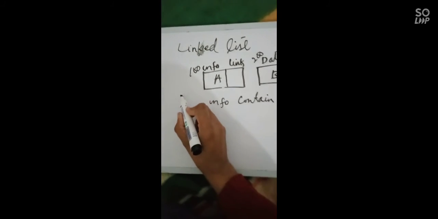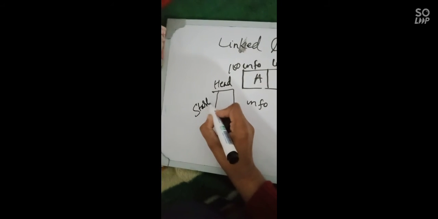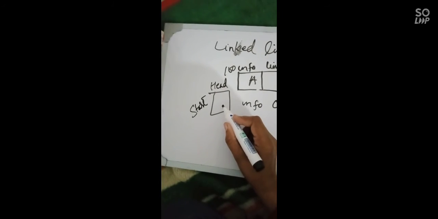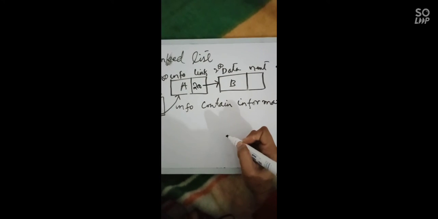So here there will be a pointer known as head or start, and this will contain the address of the first node, like this 100, so it is pointing to the first node. Okay, the first node's link will contain the address of the next node, so in this case the address is 200, so here in the link 200, so it will point to this node, right?